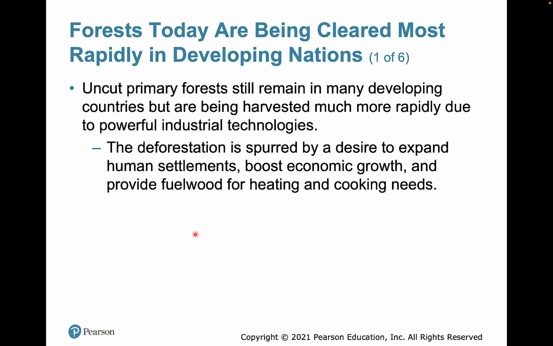They can sell the wood if it's like teak and mahogany, those really expensive rainforest woods, or to provide fuel for heating and cooking for the people. So it's the cheapest, easiest source to use, so that's what they wind up using. It's right there. But they're cutting down primary forests, which is a huge source of biodiversity.